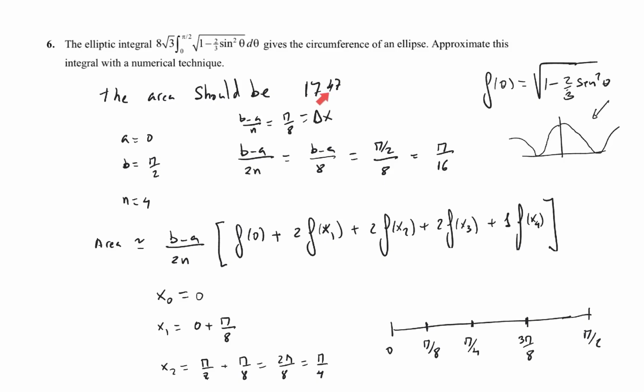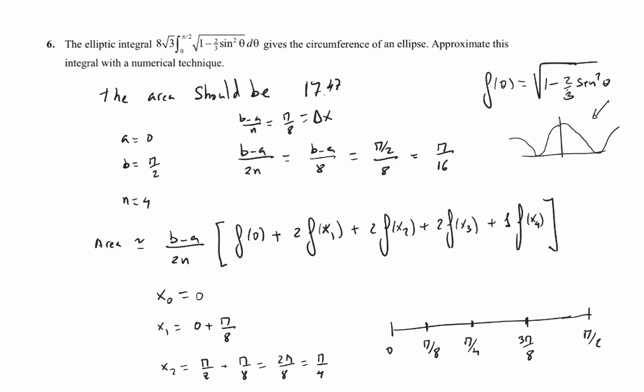And we have to check that the area will be around 17.50, something like this. Of course, the area will improve if I make delta x smaller. If I divide instead of n equal 4, n equal 8, I will put a point in the middle, a point in the middle, a point in the middle. I will increase the precision. The error will be diminished.